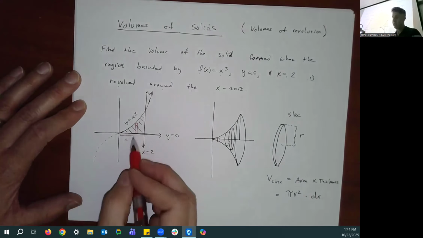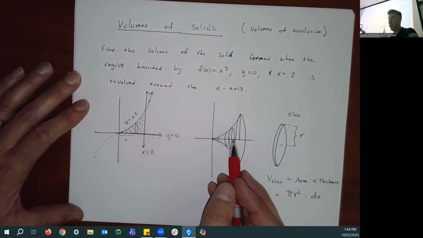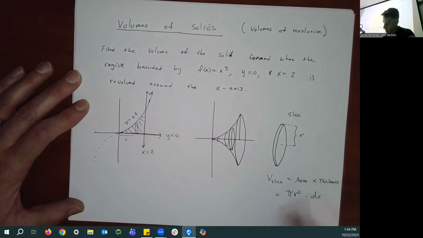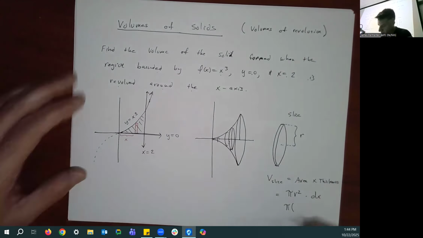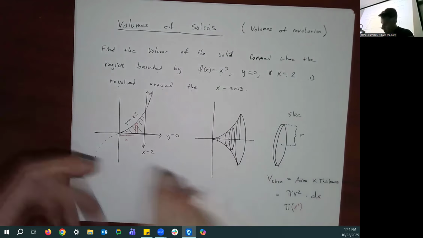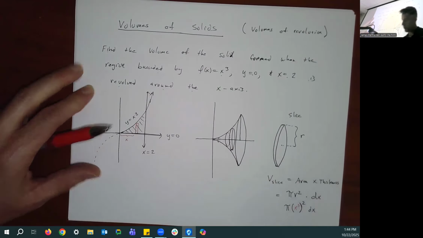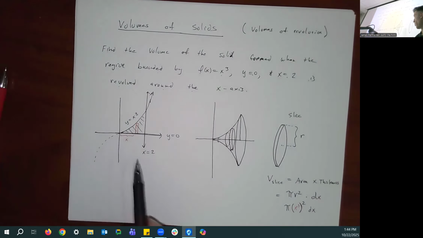And the height of that rectangle, which is the radius of this disk that's a slice, is just whatever the function is. So here, my radius is going to be x cubed for this slice that's located x away from the origin.